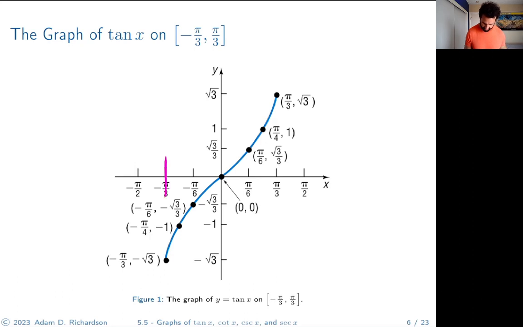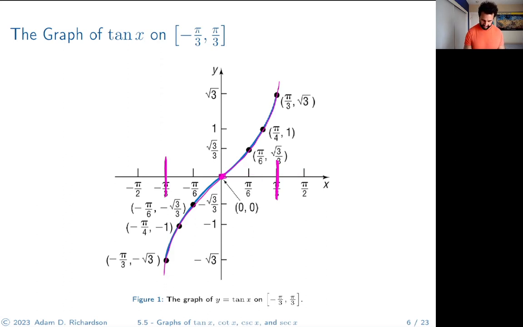Okay, so from negative pi over 3 to pi over 3, you can plug in some values for x, plug them into sine and cosine, and then that'll let you compute tangent, just like we did a moment ago. And so start at 0, and then your tangent curve starts to do this. And if you go this way, it'll start to do this. And then what happens is it keeps growing and growing as x approaches pi over 2, and as x approaches negative pi over 2.